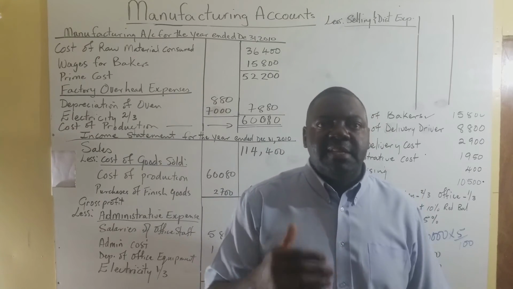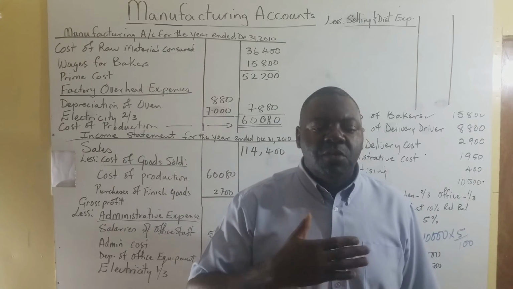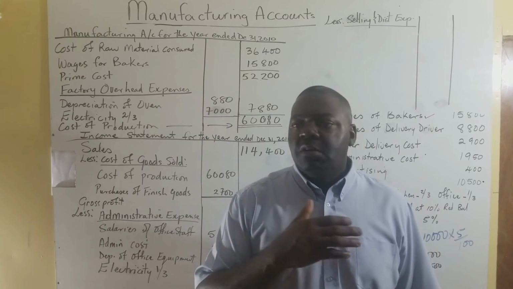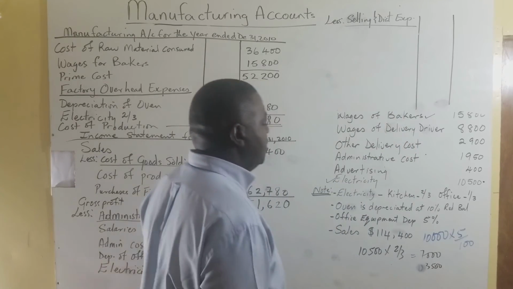All the expenses that deal with the cost of moving the goods from our business to the customer and so on, that is what goes here under selling and distribution.